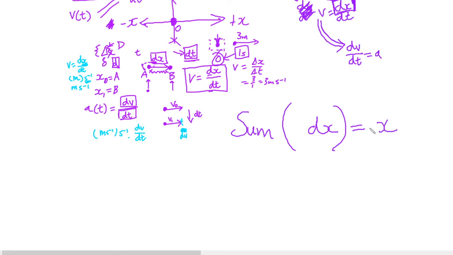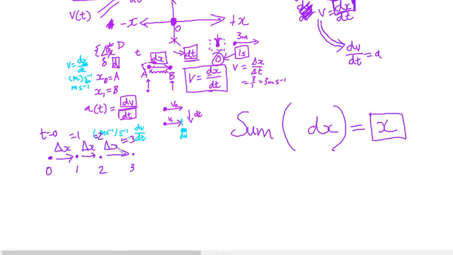that actual position, x. So like, if I had my particle at the position 0 when time was equal to 0, and then it moved to position 1 and position 2 and position 3 once per second, then we know there was a delta x of 1, a delta x of 1, and a delta x of 1, 3 times.